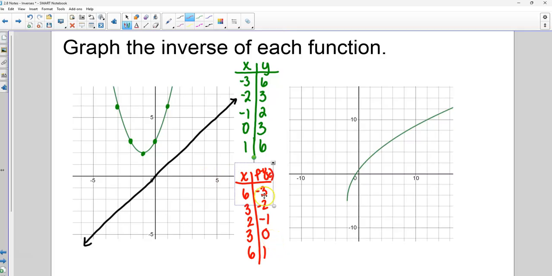If I graph these points, I'm going to have 6, negative 3, which is here, 3, negative 2, 2, negative 1, 3, 0, and 6, 1. So those of you that had a graph that was sort of sideways like this, which was actually quite a few of you, that's what the graph is going to look like for this problem.